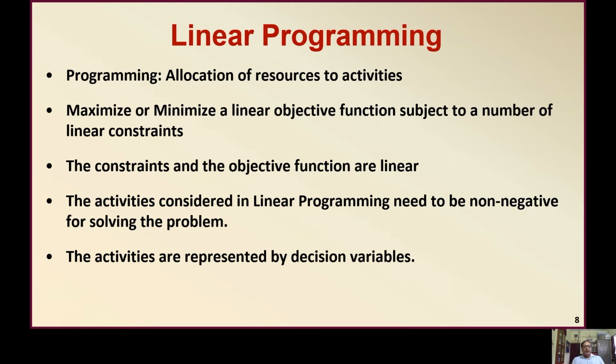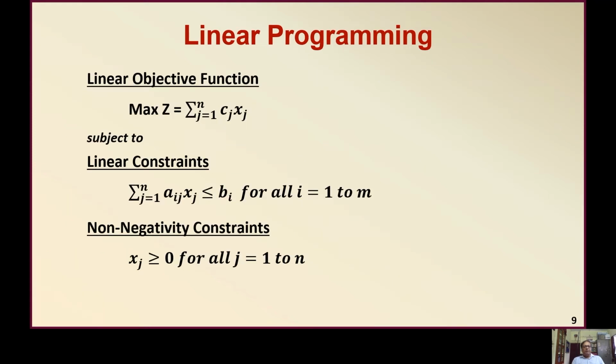This is a linear objective function, as I said, usually in the form of maximize Z equal to sum over j equal to 1 to n of cj xj. We are talking about the maximization problem.